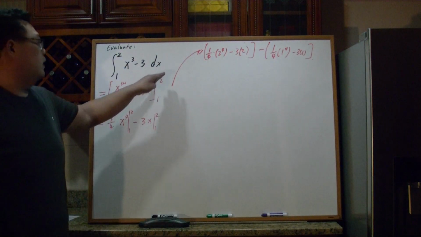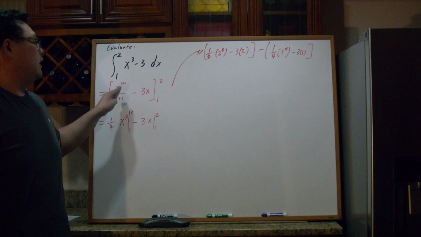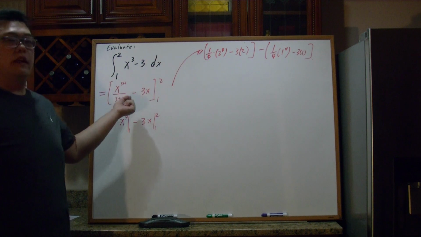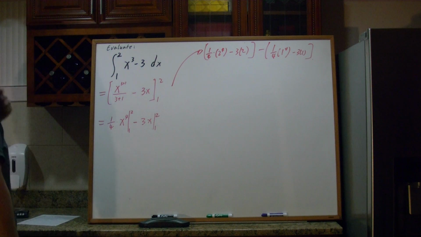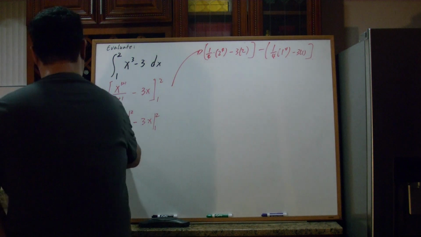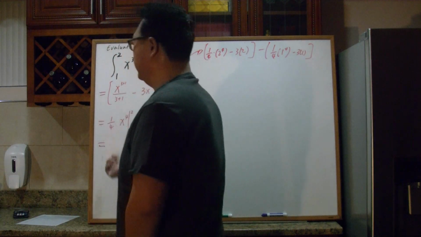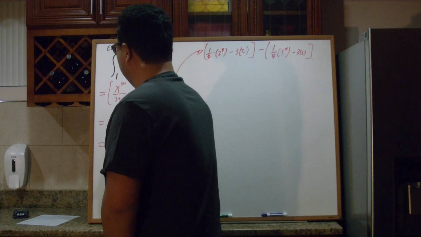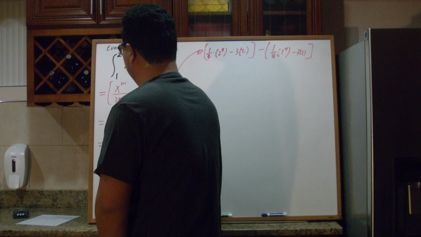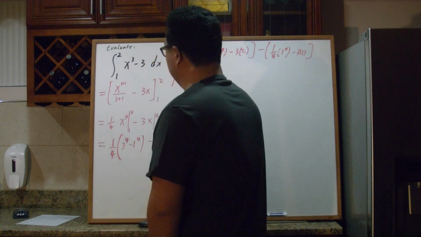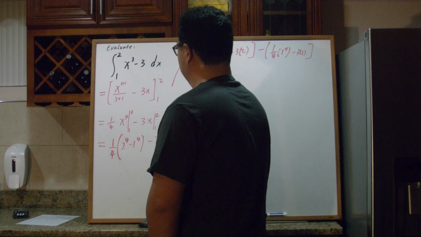If we evaluate the top and bottom inside the parentheses, we'll get fractions. A little trickier. But as long as we have a linear combination, we could do 1/4 times 2 to the 4th minus 1 to the 4th, minus 3 times 2 minus 1.